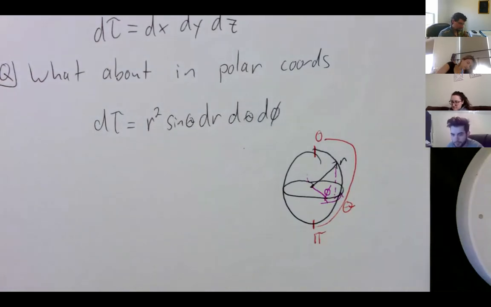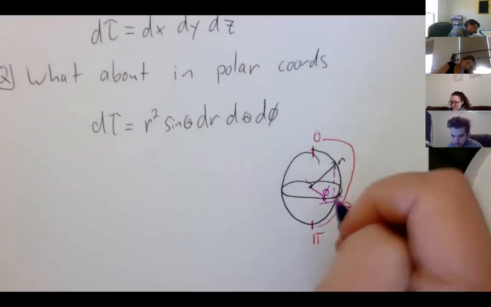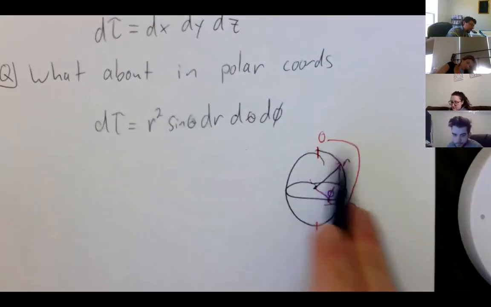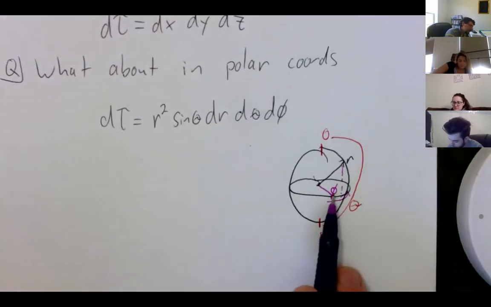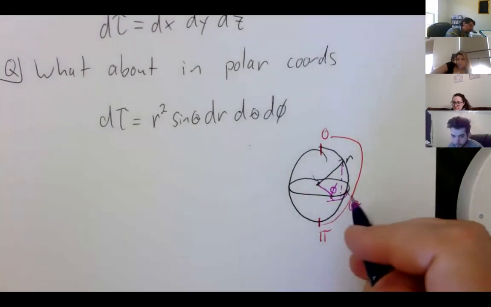Theta is going from 0 to pi, and phi is going all the way around the circle.